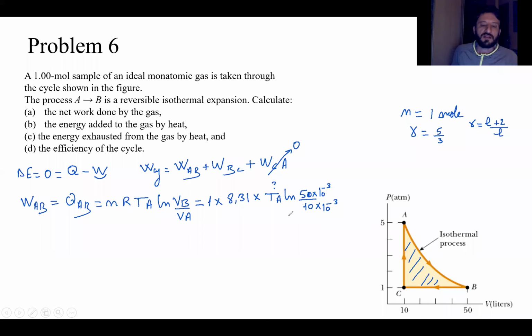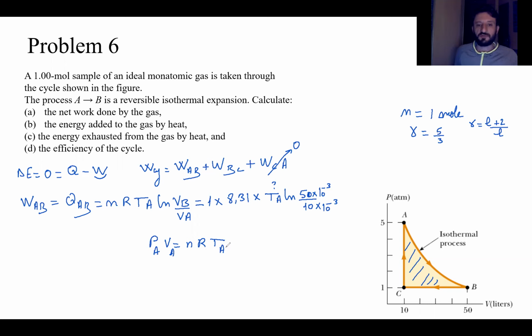In order to calculate TA, we can use PV equals nRT. So PA VA equals nRTA.